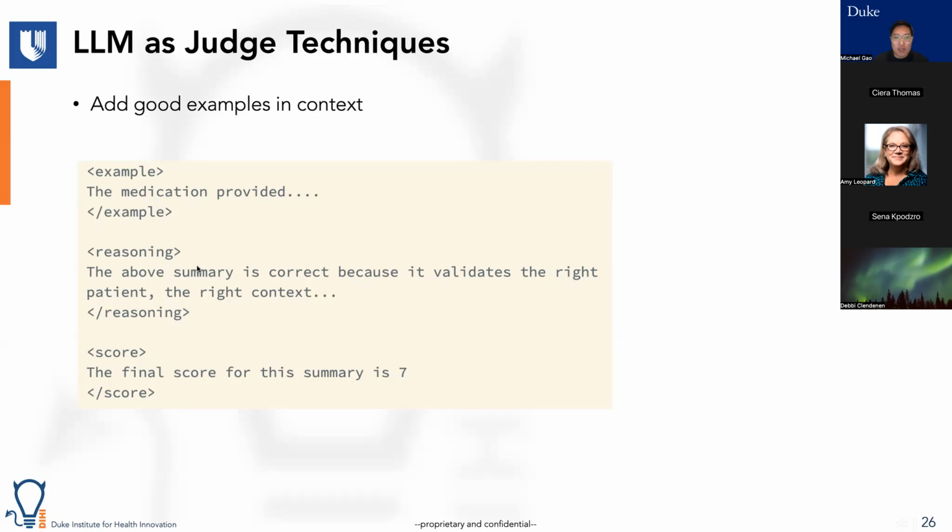And then you have the reasoning for the evaluation. So the human might say, okay, the reason why I scored this as 7 out of 10 is because it does validate the right patient in the right context, but it adds some irrelevant information about X, Y, and Z. You provide that reasoning of how you went through the rubric to the large language model, and then you say, here's the score that I gave, and it tries to emulate that behavior for further evaluations.